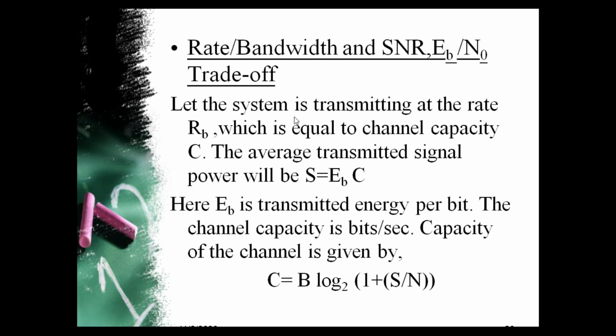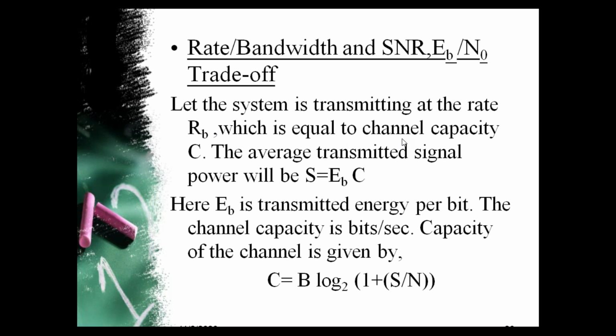Rb represents a system transmitting at the rate Rb bits per second. Take that this rate at which the system is transmitting the information, that is, how many bits per second, is equal to the channel capacity C.